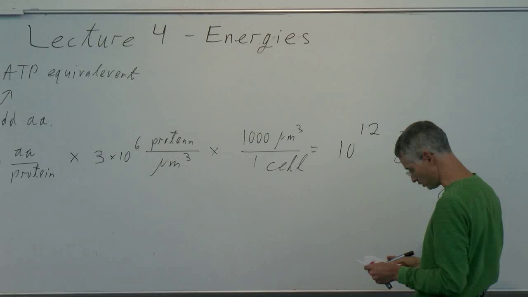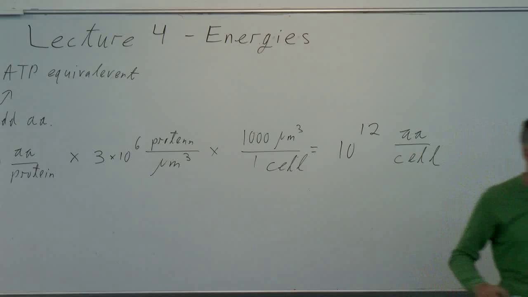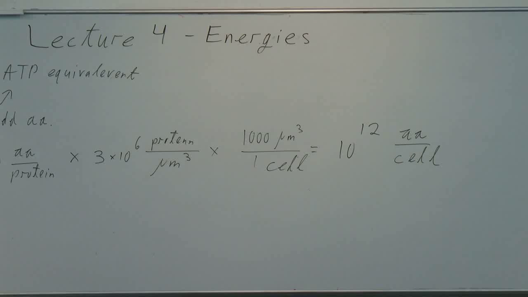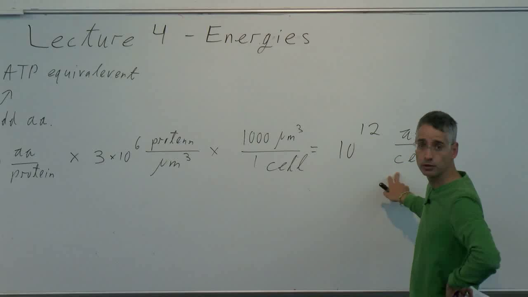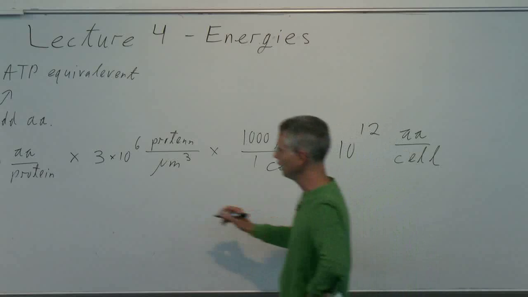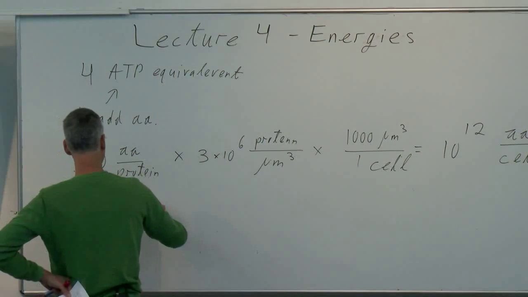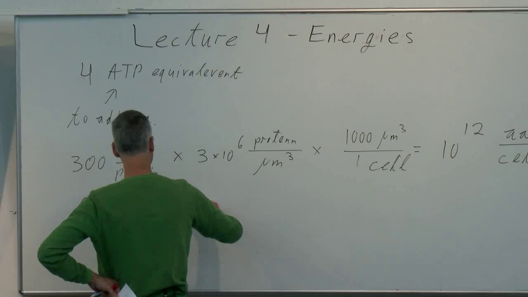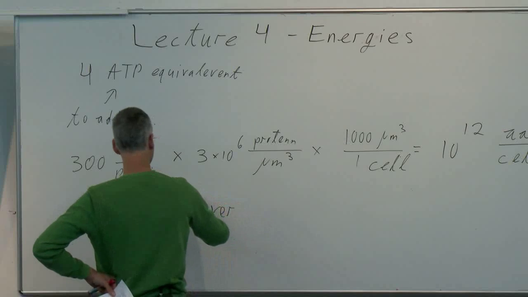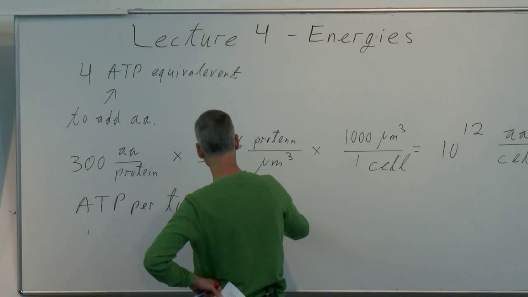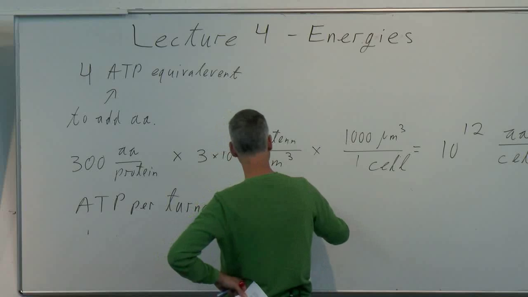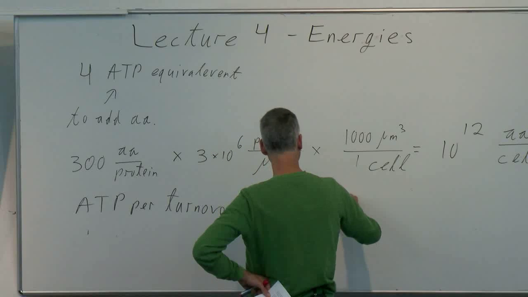Let's see what's the most elegant way to do this. Okay, so I have 10 to the 12 amino acids per cell. So the energy, or ATP, per turnover would be 4 times 10 to the 12 ATPs.